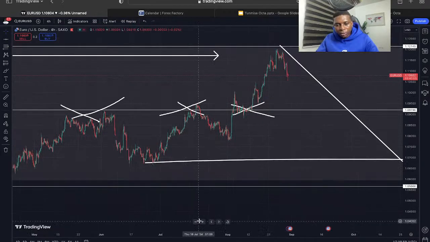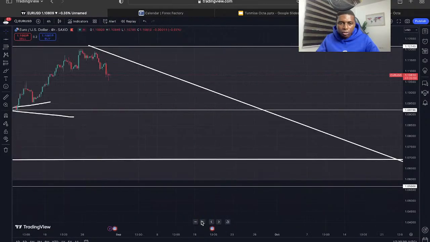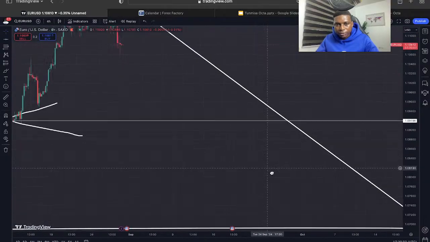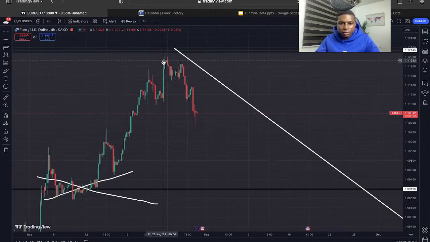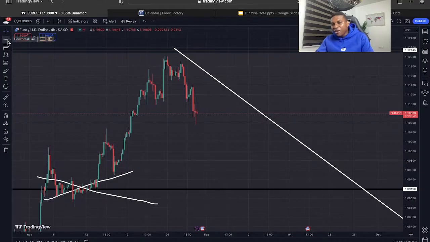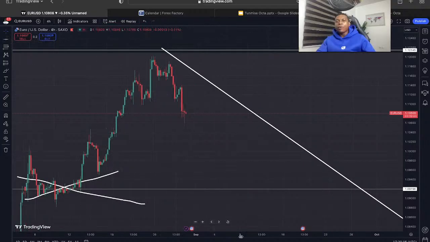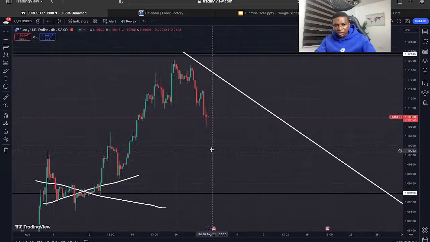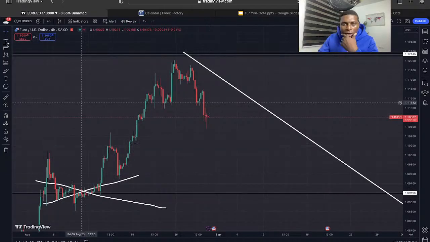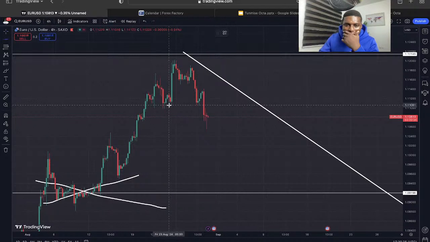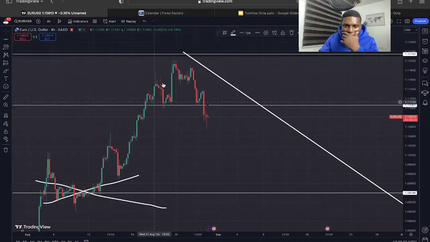Now let's zoom in. Let's see what the current price is saying. Okay, so we can see here that at this level now we can say that we would continue to see a further drop in price. So observe with me. You notice that this level here is a key support zone.